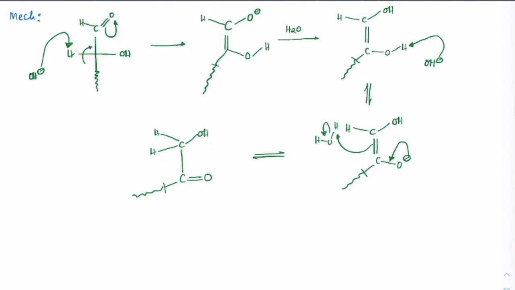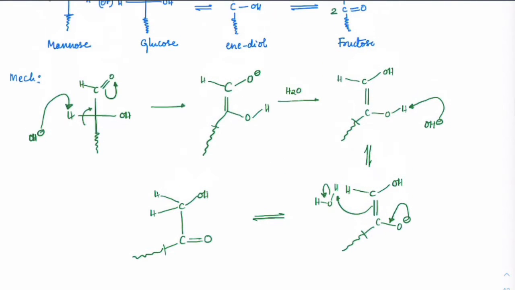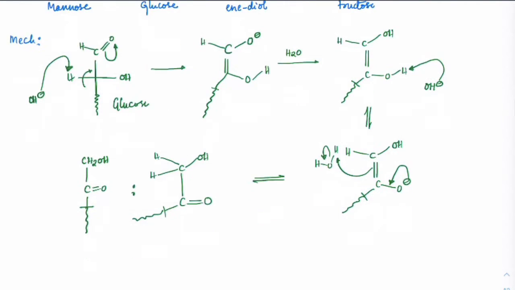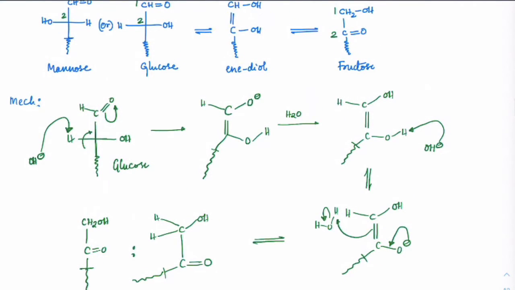Since the tail is the same, we started off with glucose, and structurally, if at all I write, it is actually CH2OH C double bond O with the tail. What is this one? This is fructose. So I guess you can understand that it is changing to fructose. In the same mechanism, if the OH was attacking here, the double bond could form here and this OH can come on the right hand side or on the left hand side because it is a double bond addition.